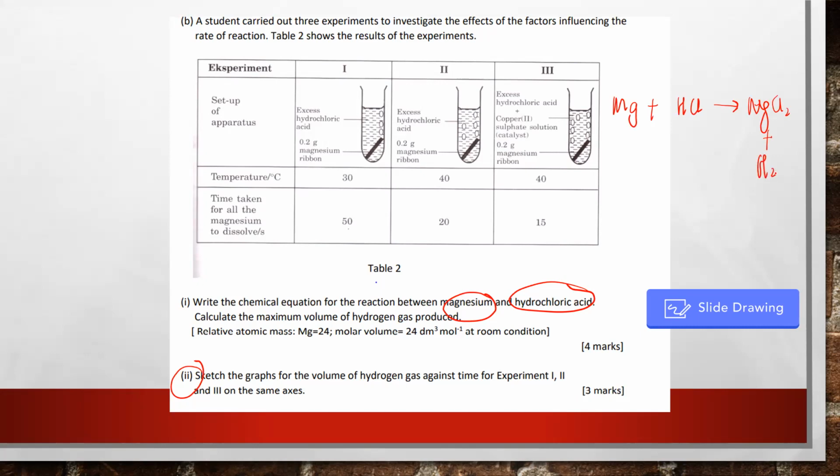No, teacher. Hydrochloric acid needs 2. Okay, correct. Perfect. He would have gotten full 2 marks here. Good job. Now, this is the killer question. Calculate for me the maximum volume of hydrogen gas produced. That's the killer question.